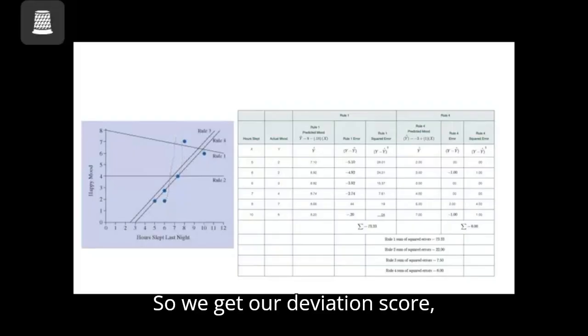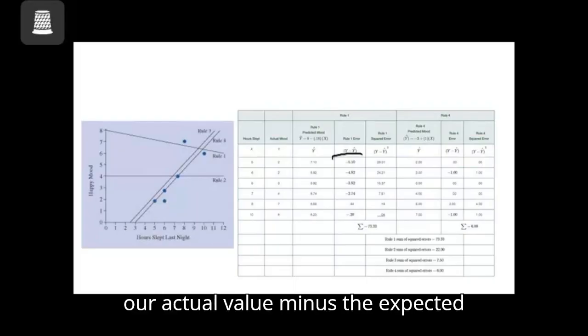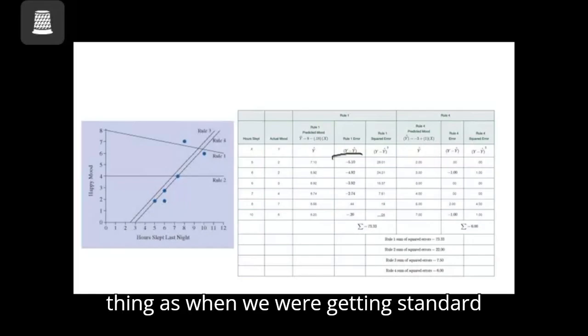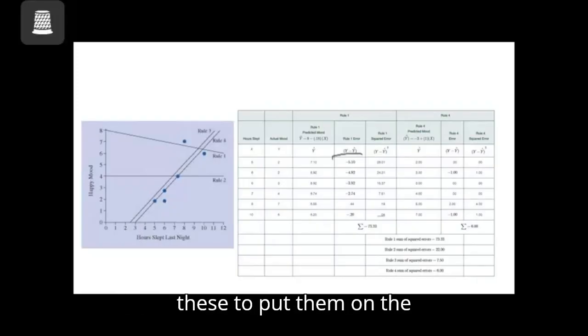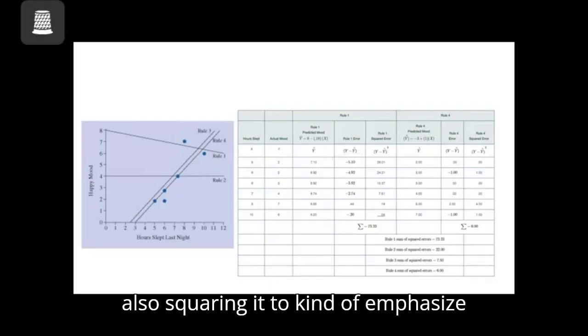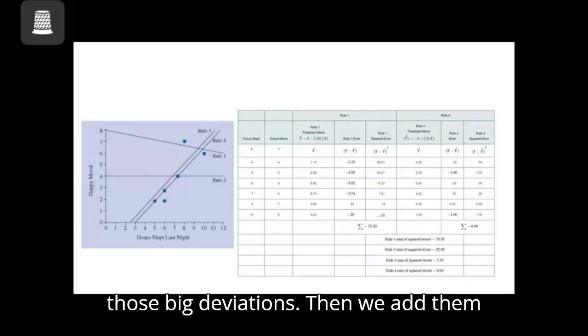That is the amount of the variability in scores that is not accurately predicted by our equation. So we get our deviation score, our actual value minus the expected value, and then we square those. Same thing as when we were getting standard deviation and variance. We are squaring these so that the positives and negatives don't cancel out, and we're also squaring to emphasize those big deviations.